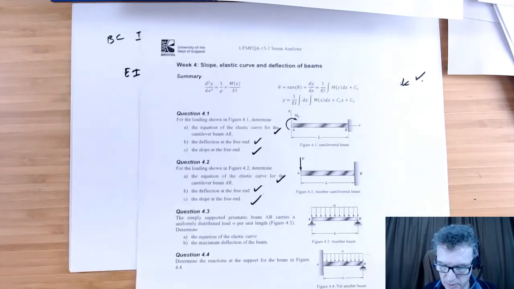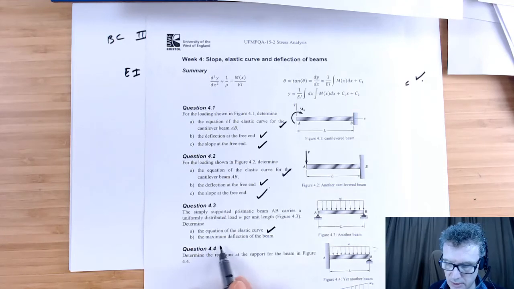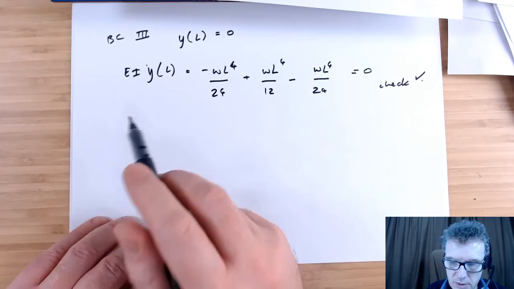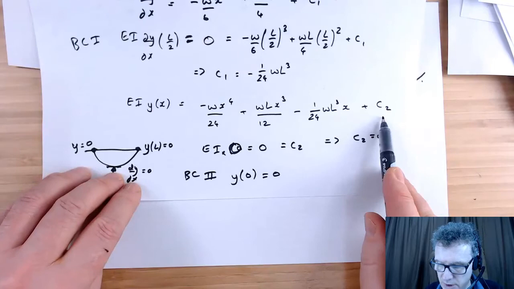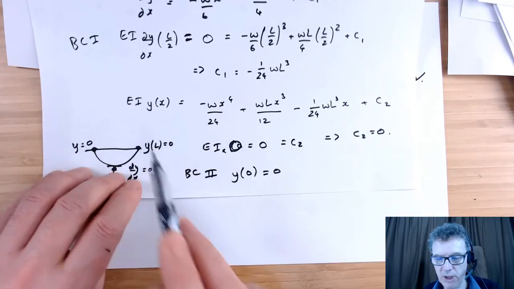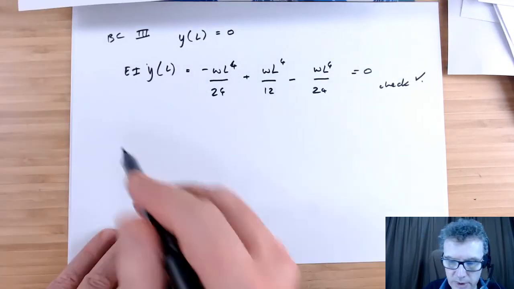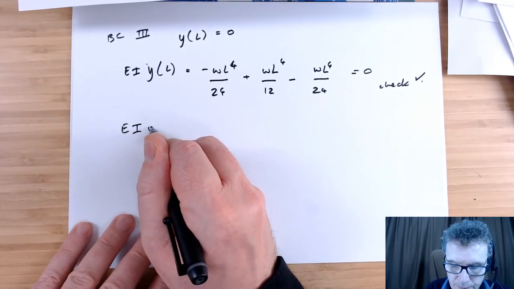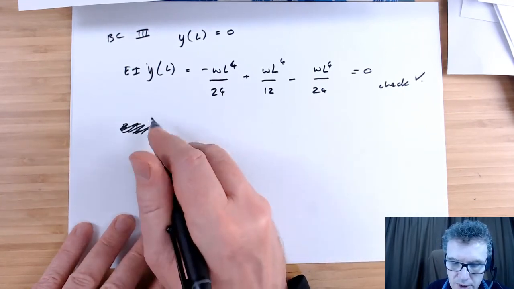So we found this equation and we've checked that it works. Now let's find the maximum deflection. Well, we know that's in the middle. So what we want to do now is take this equation, remember C2 is 0, and set x to be half L. Since I'm looking for deflection, I'll take my EI over to the right hand side this time.